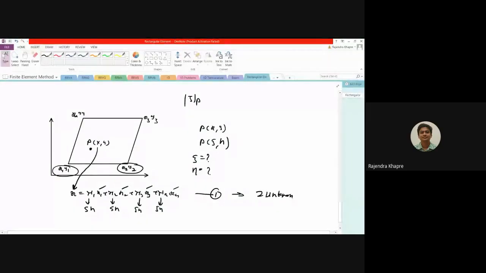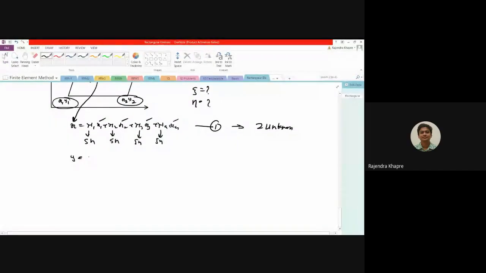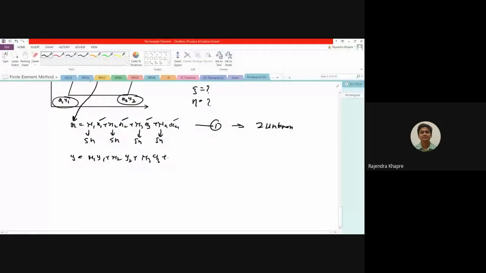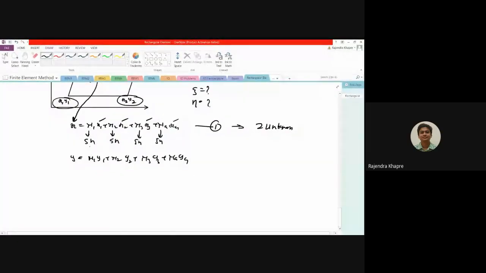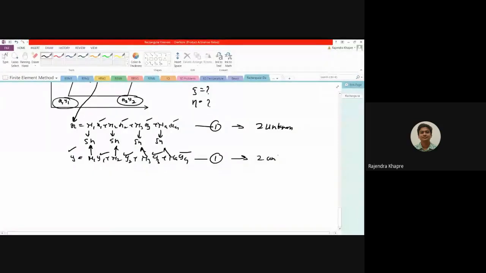You can generate a similar expression for y also. y is nothing but n1 y1 plus n2 y2 plus n3 y3 plus n4 y4. Here also n1 depends on xi and eta, and the values of y1 to y4 will be known. So you have another equation which has two unknowns.